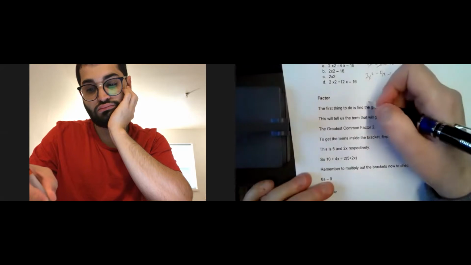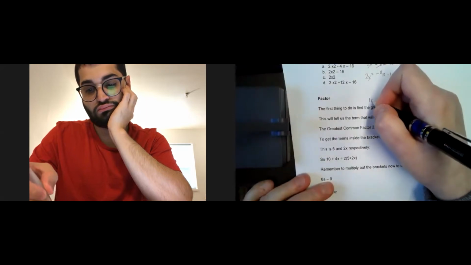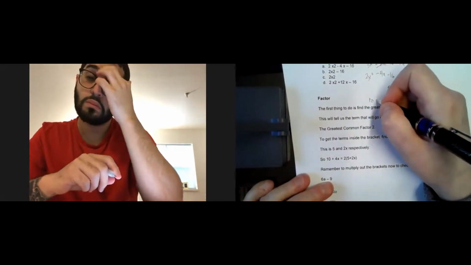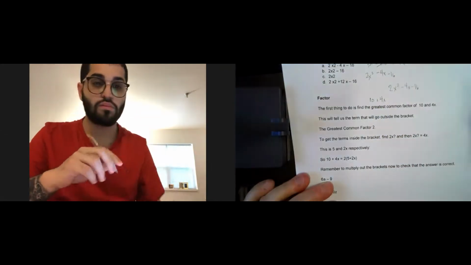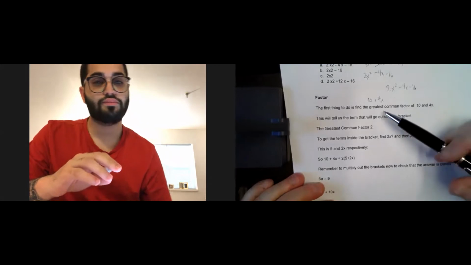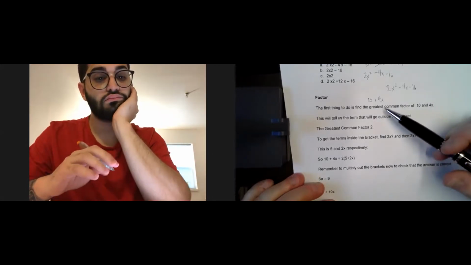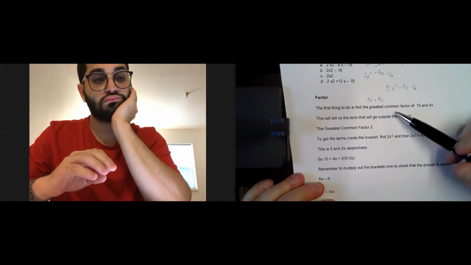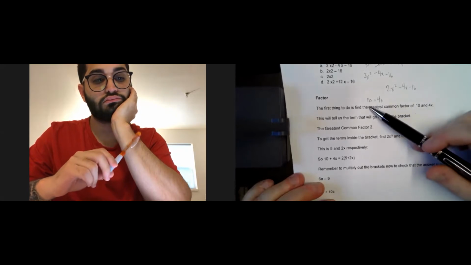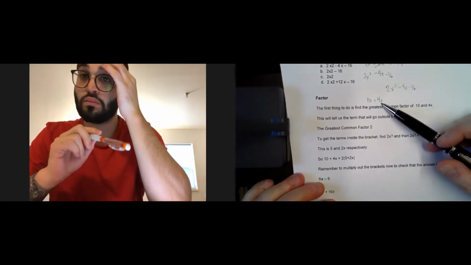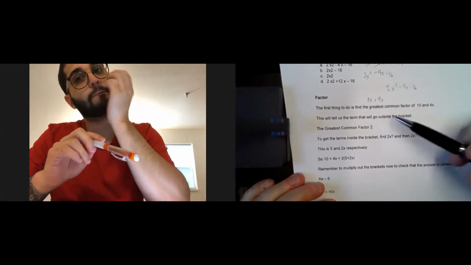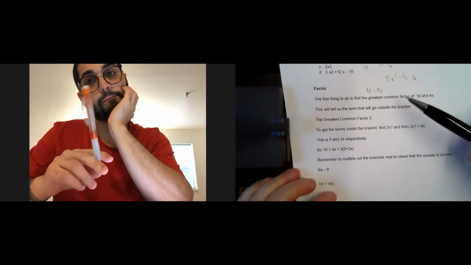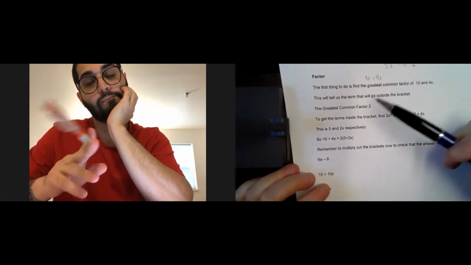What you're looking at on this one is 10 plus 4x. Now it makes a little more sense. So the first thing to do is find the greatest common factor of 10 and 4. And this will tell us the term that goes outside of the bracket, if a term goes outside of the bracket.